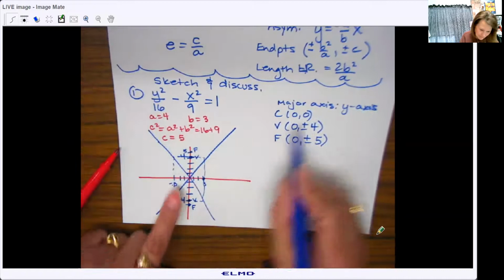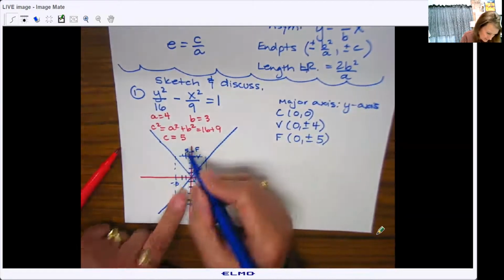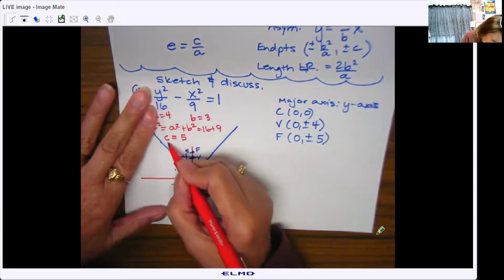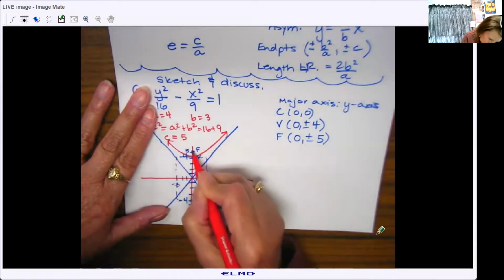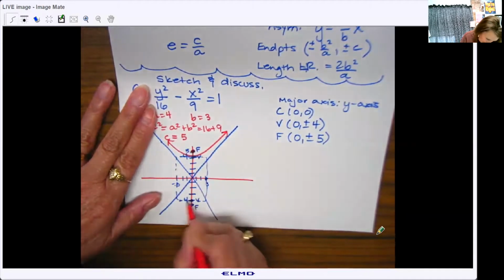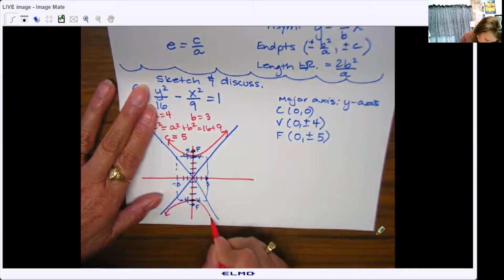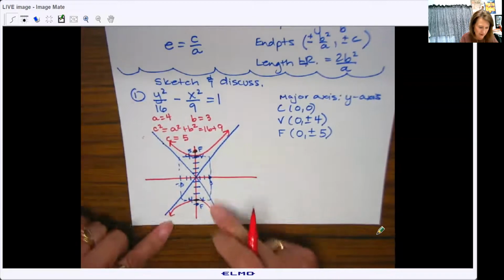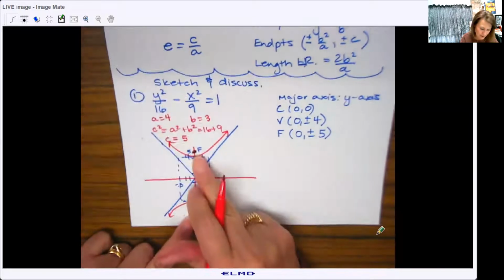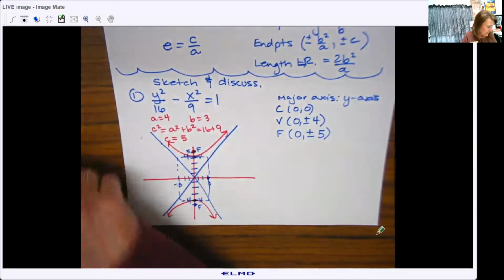Our major axis is on the y-axis, so it looks like it's going to go like this. Notice the focus is in the middle there. Looks like it's going to go like that. Okay, we've got it sketched. That's a good sketch of it right there. The branches are up and down because they're on the y. They touch the y-axis.